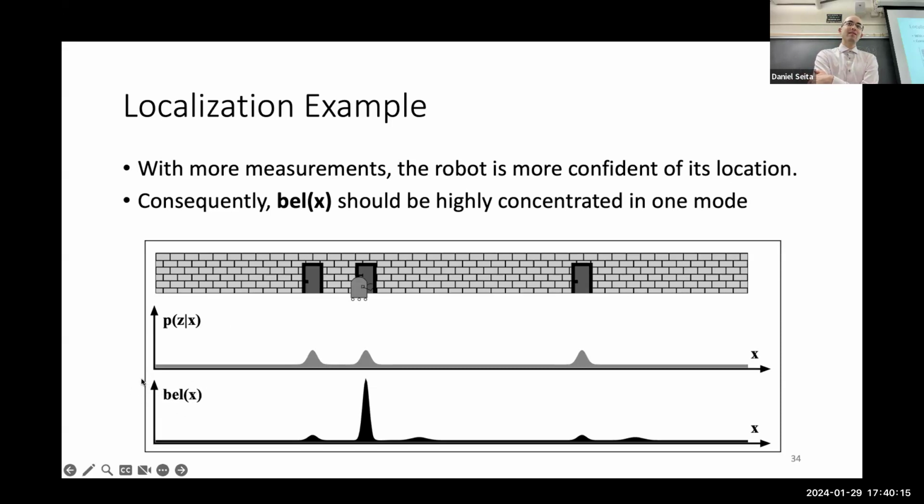This is considering that we know there were 3 doors, and yes, we do assume that there are three doors. The robot knows the door only from the sensor reading, but we assume that the sensor reading showed the robot is next to a door.